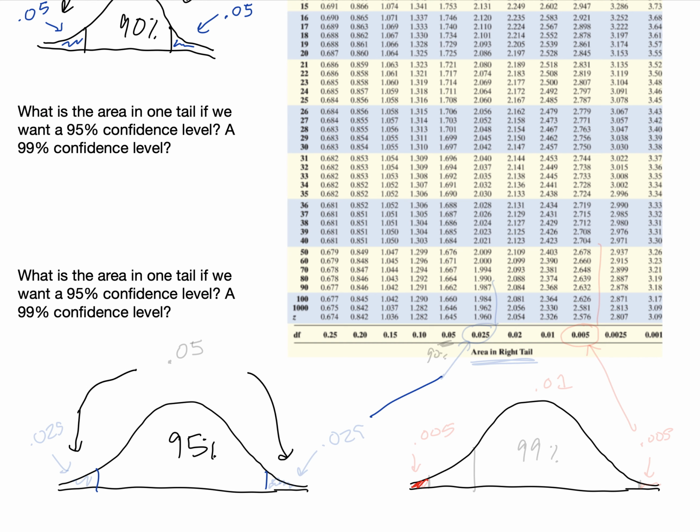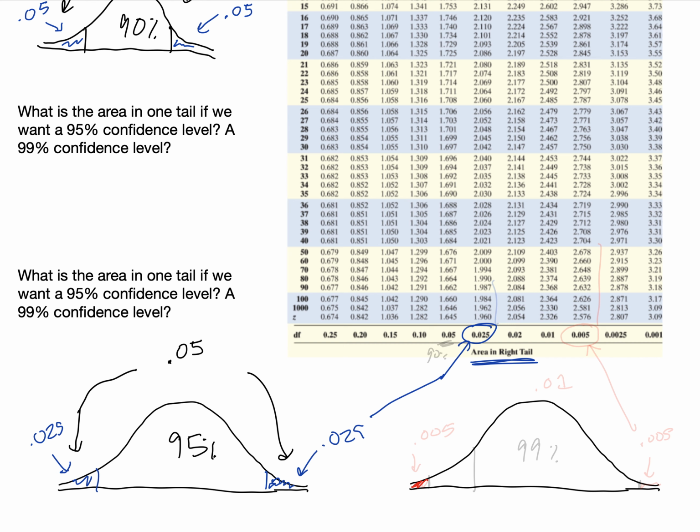In the two tails together, there's 0.05 or 5% remaining. So in each individual tail, there's half of that. So there's 0.025 in this tail, 0.025 in this tail, and that's what we need to read this chart. The area in a right tail here is 0.025. 0.025 is right there.